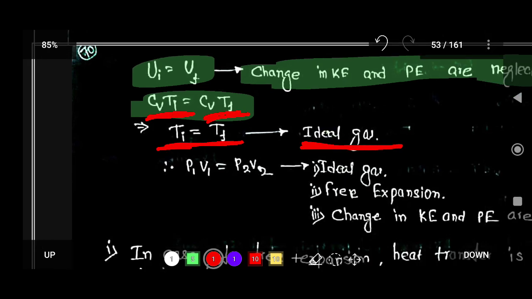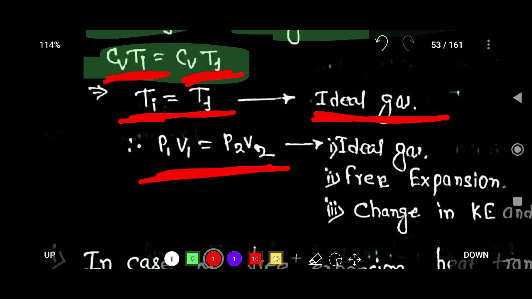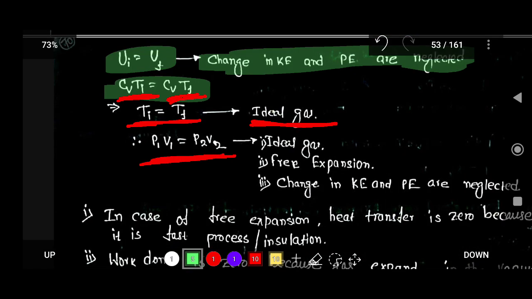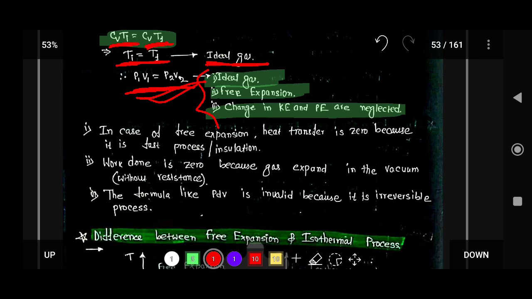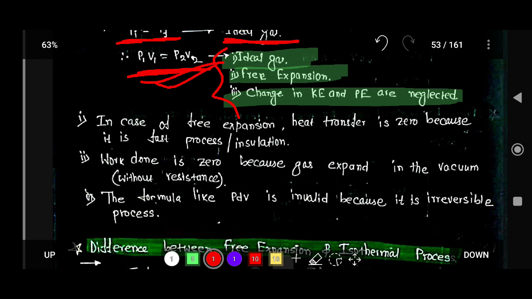From here you find P1 V1 is equal to P2 V2. This formula is valid only for an ideal gas in a free expansion process, with change in kinetic energy and potential energy neglected. When these three assumptions hold, you can find P1 V1 equal to P2 V2.